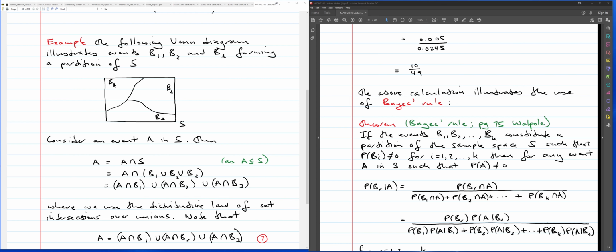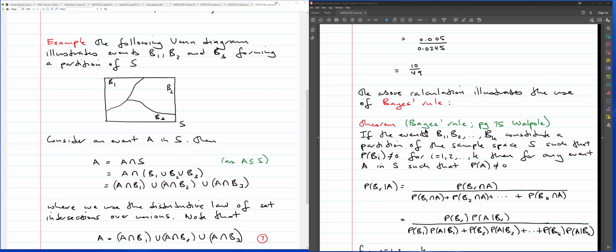B1 is the products made by machine B1, B2 is products made by machine B2, and B3 is products made by machine B3. This is an example of a partition of a sample space. A partition means that B1 union B2 union B3 is equal to S, and the events are pairwise disjoint: B1 intersect B2 is empty, B2 intersect B3 is empty, and B1 intersect B3 is empty.